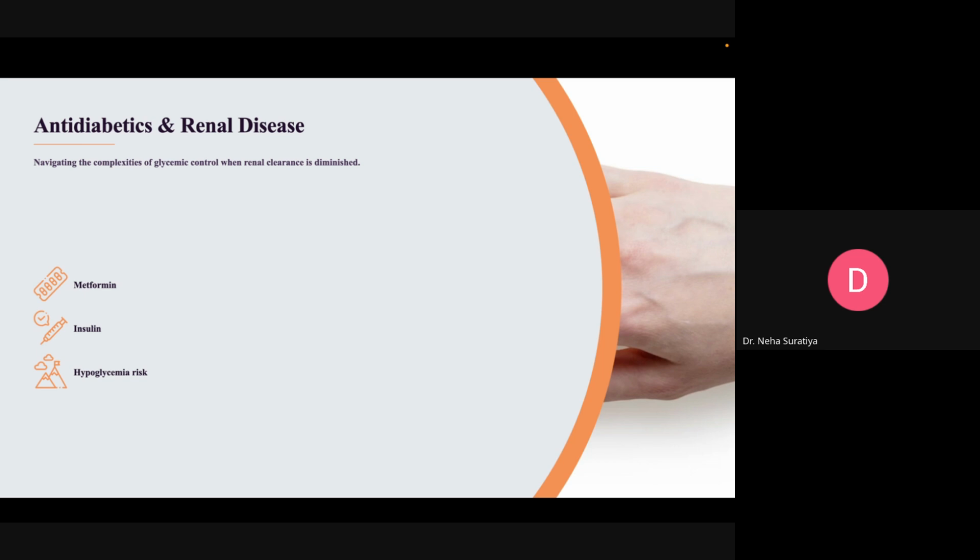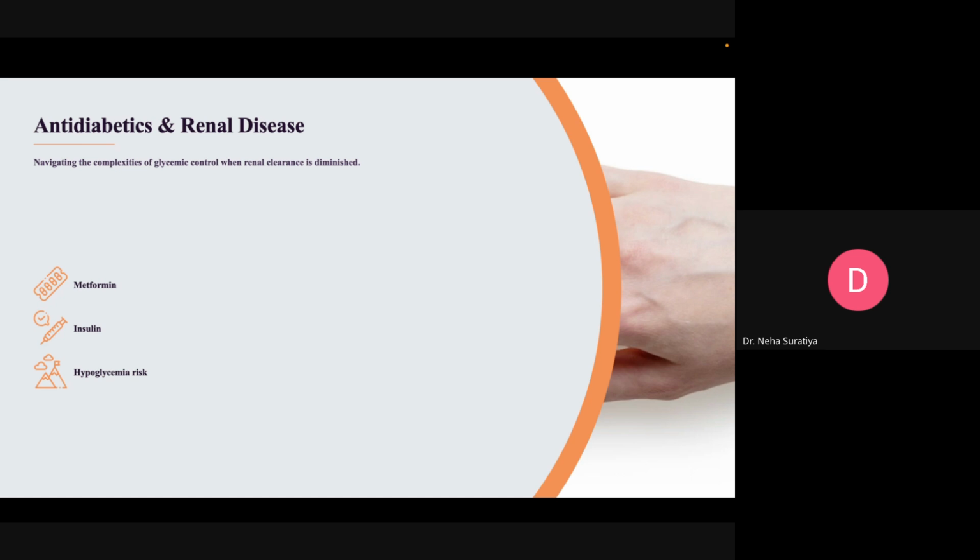So I told you three major things here, guys, in renal impairment. One is the Cockcroft-Gault formula for creatinine clearance calculation, right? First, I told you for the renal function test you need to identify serum creatinine, BUN, creatinine clearance and eGFR, right? Creatinine clearance you need to calculate using the Cockcroft-Gault formula.